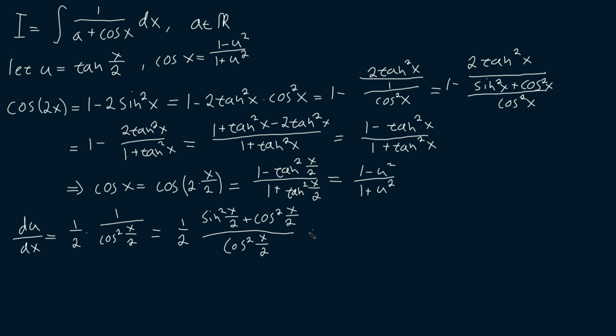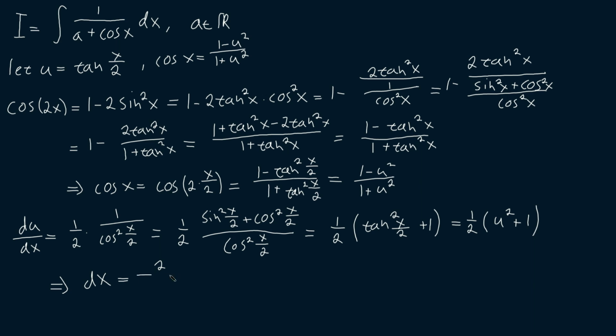So this is equal to 1/2 times tangent squared of x over 2 plus 1, which is equal to 1/2 times u squared plus 1, and this then implies that dx is equal to the reciprocal of that times du, so 2 over u squared plus 1 du.